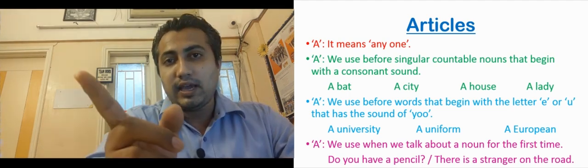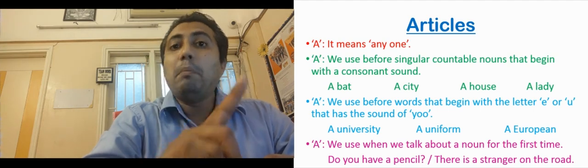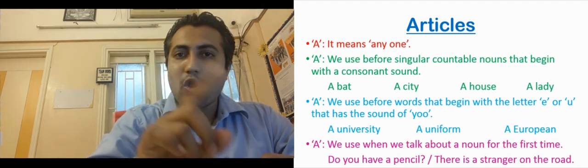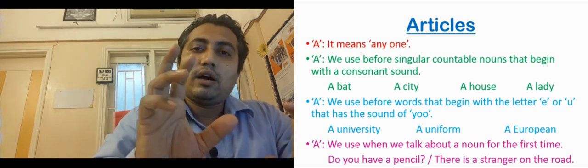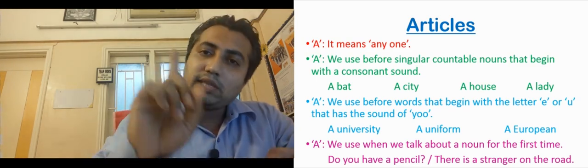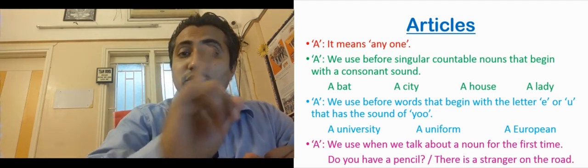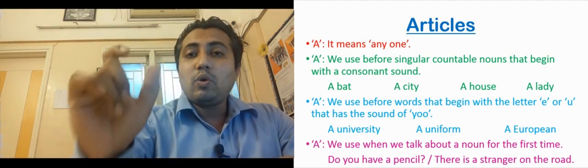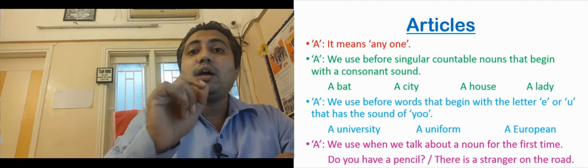अगर days ऐसा बोला है तो a days it is not there. A day, a month, yes. Okay, so whenever the countable noun is singular, in front of that we can use a. अब एक और चीज उसमें क्या देखना है, the beginning sound of the noun has to be a consonant sound.